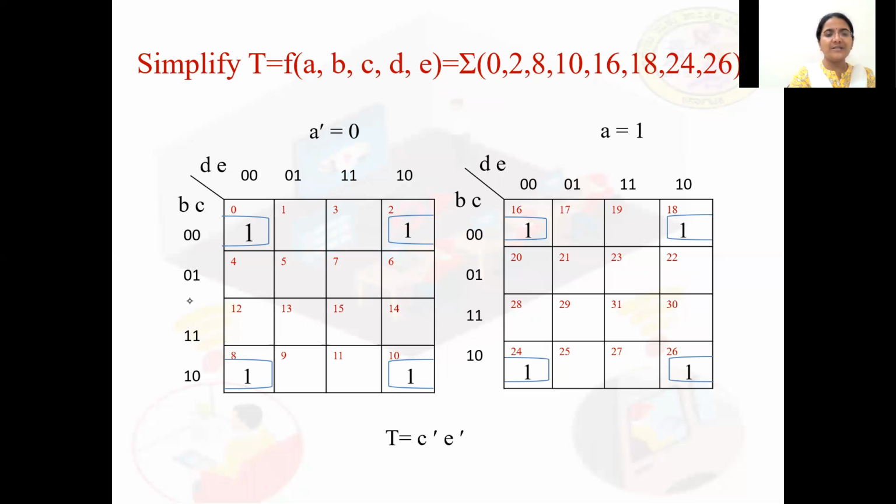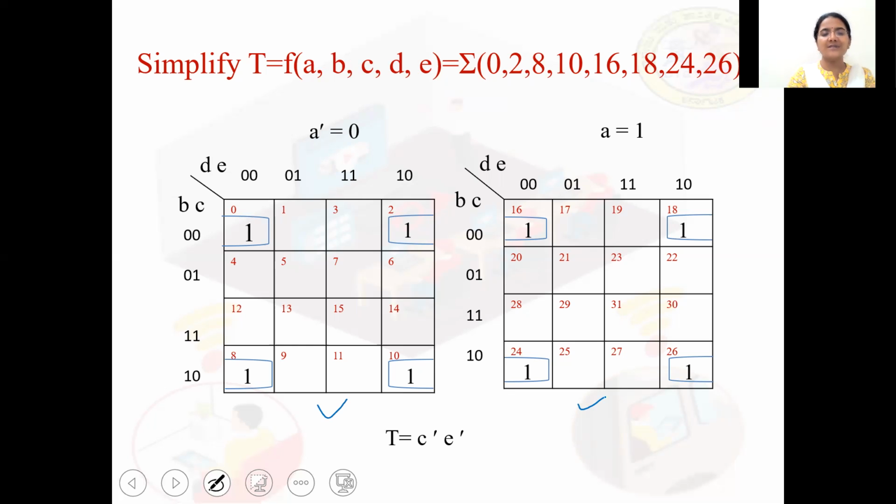Here minterms 0, 2, 8, 10 are logically adjacent with minterms 16, 18, 24, 26, because if you place the K-map, the right half of the K-map slides over the left half.